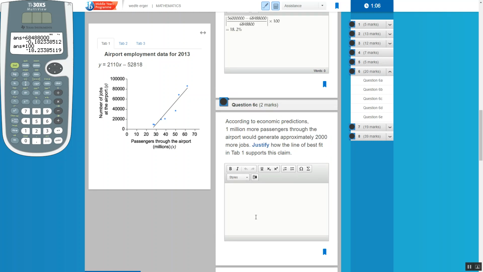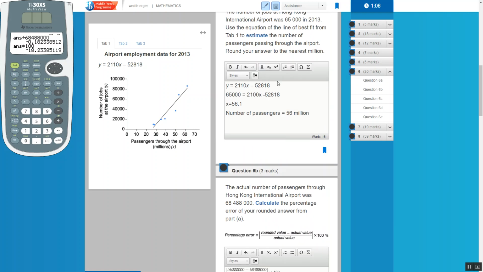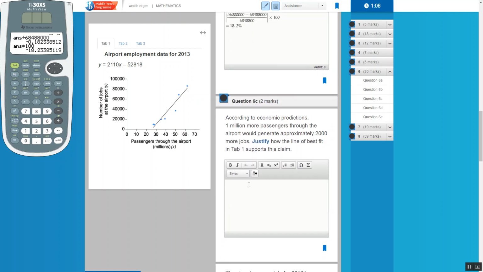Okay, according to economic predictions, 1 million more passengers passing through the airport would generate approximately 2,000 more jobs. So the gradient of this line is 2,110, which is close to 2,000, which is fair enough.